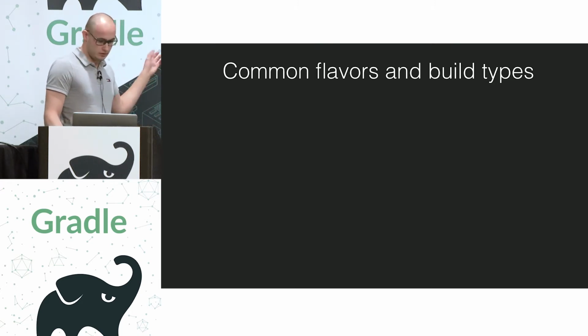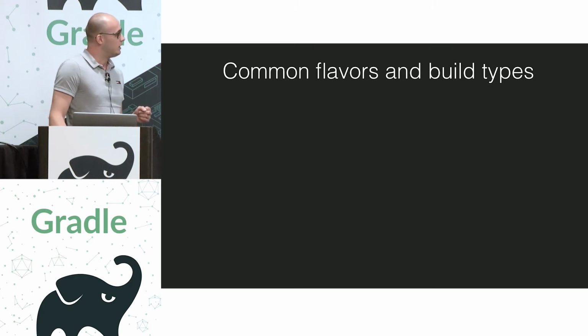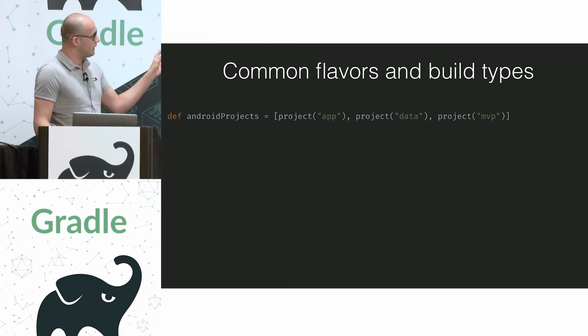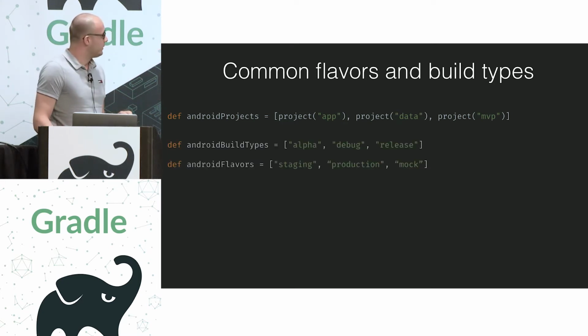So knowing all this about the collections and how we can access objects in them, we can do that once. We can have all of our Android projects in a list: app, data, MVP, whatever you use. We can define all the build types and flavors that we would like to use.